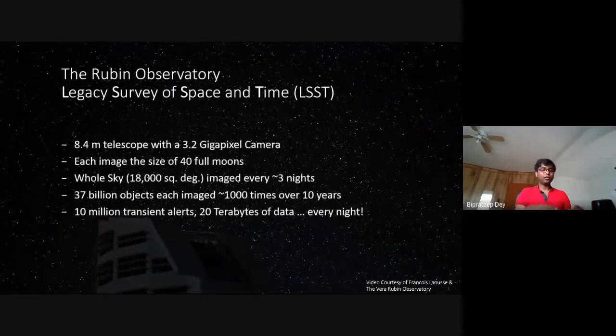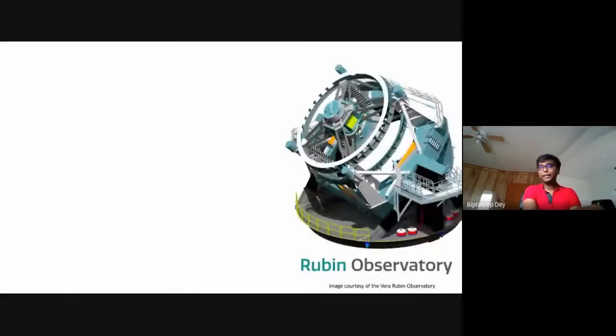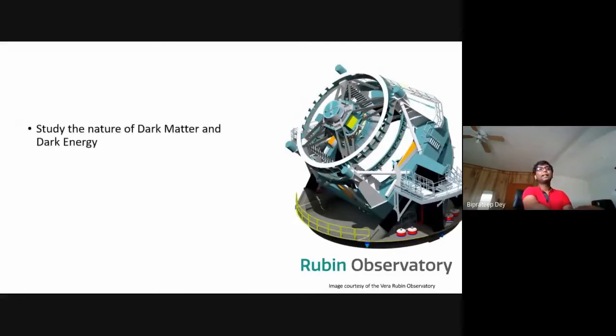So now you're not only mapping the sky very fast just using photometry, but you're also mapping how the sky changes over time, and hence the name Legacy Survey of Space and Time. Since this is a bigger telescope, you can see much deeper than what we could see. There's a bunch of science cases that it plans to explore.